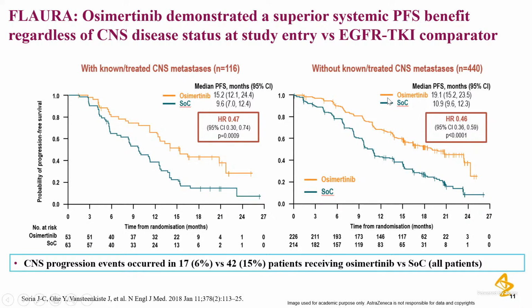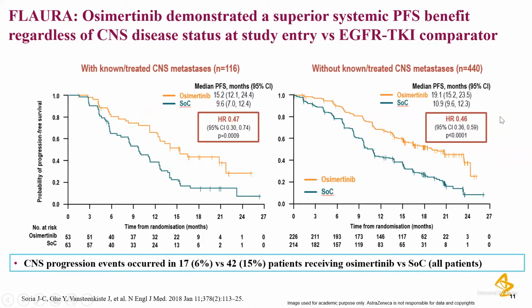Without CNS metastasis, osimertinib 19.1, standard of care 10.9. Hazard ratio here is also 0.49. So median PFS here was higher as compared to brain metastasis because osimertinib also prevented brain metastasis from emerging.